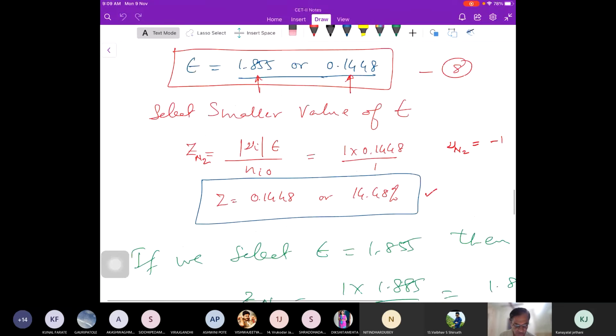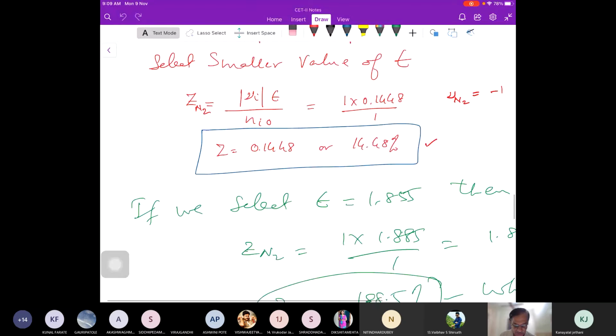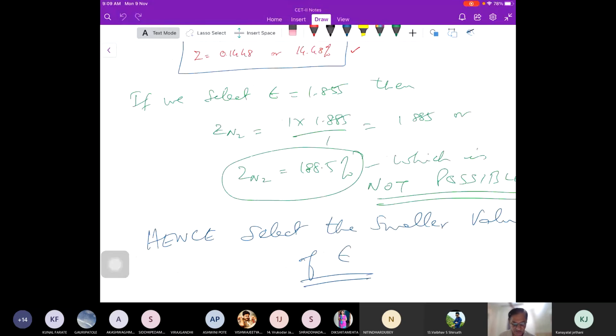If you select 0.1448, conversion is 14%. You select 1.85, you get conversion as 188.5%. Because you have to put it in this equation for Z, and if you get more than 100% conversion, that means that epsilon value is not correct. I think that is the easiest test.